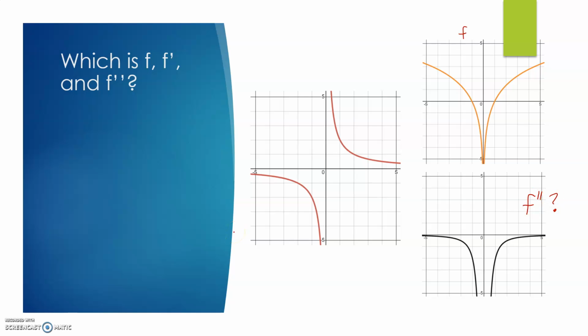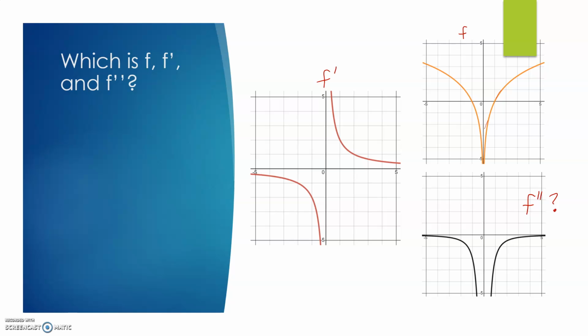And just to finish it out, I would want to see a graph of the derivative that is always uphill for x greater than 0, since f is always uphill there, so f prime should always be positive for x greater than 0. And f is downhill for x less than 0, so this looks like it fits that pattern as a graph of f prime.